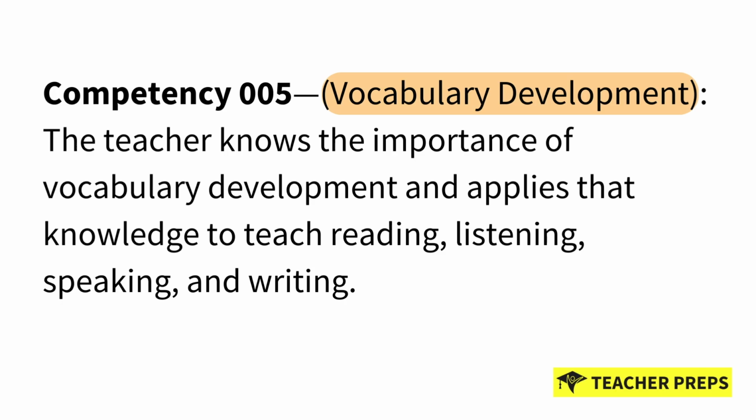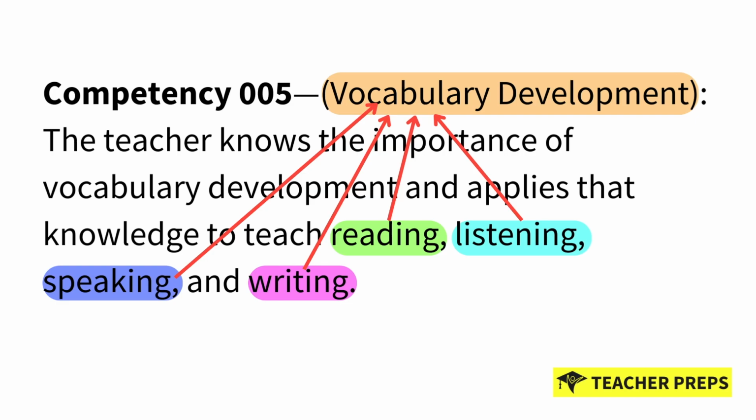First, let's notice that Competency 5 is all about vocabulary development. Now, what do you need to know about vocabulary development? Well, let's examine that further. According to this description statement, we need to know how to teach reading, listening, speaking, and writing to enhance our students' vocabulary development.